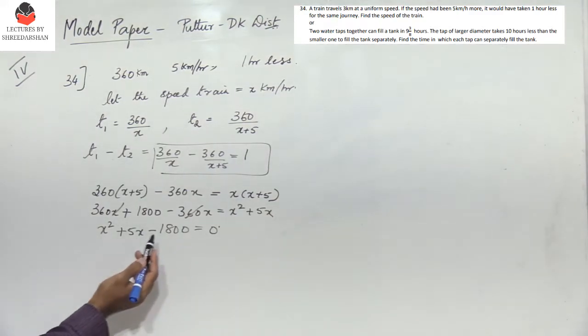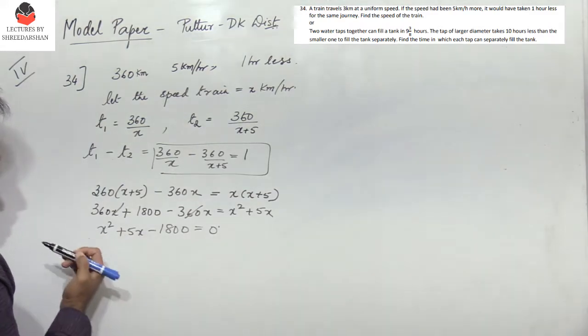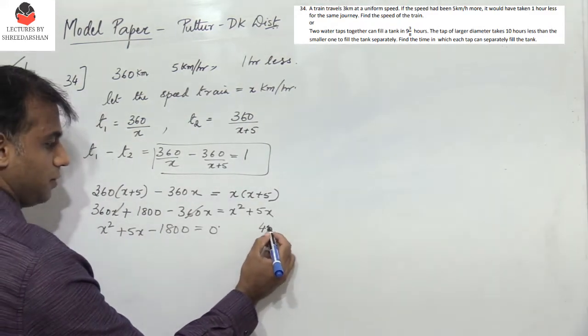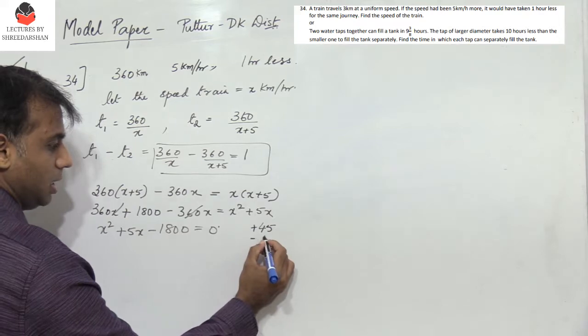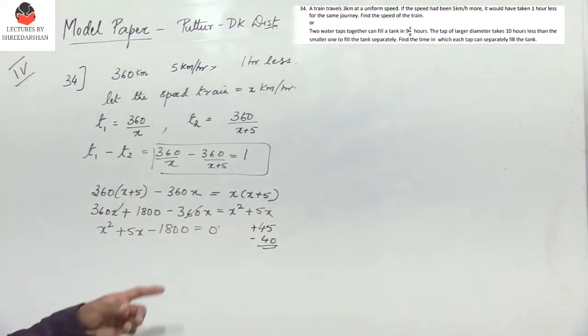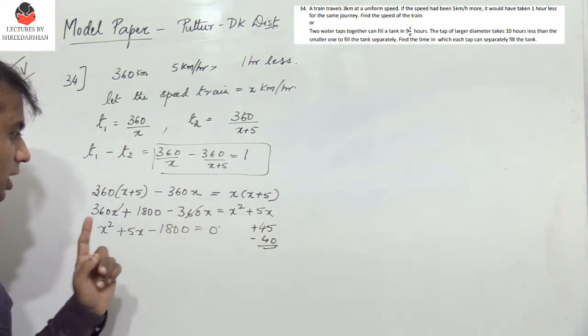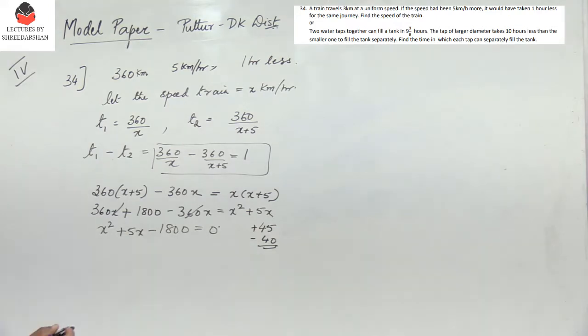Now I need two numbers such that when you multiply you get 1800 and when I add I get 5. So you have plus 45 and minus 40. 40 into 45 gives me 1800, and when you add them, plus 45 minus 40, I get 5.